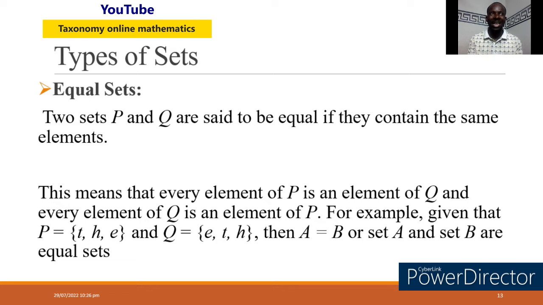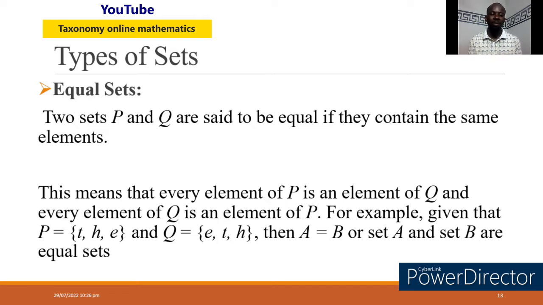When sets are equal, it means they have the same number of elements and the same elements. So 2 sets P and Q are said to be equal if they contain the same elements. So for example, if elements of P are in Q and the elements of Q are also in P, then we can say that the 2 sets are what?